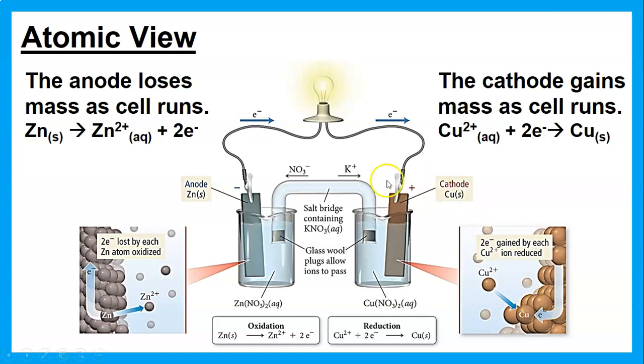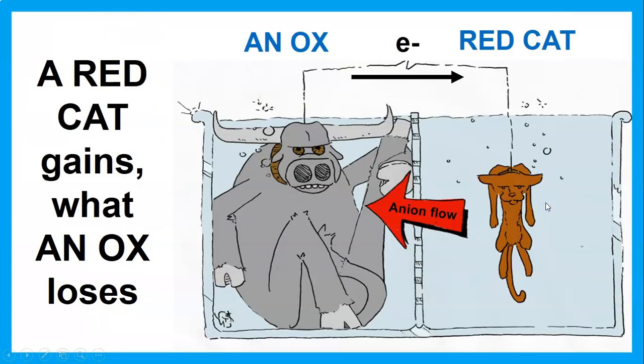One of the ways to remember which is losing mass and which is gaining mass is this really silly picture. I just love this. Look at this silly thing. An ox, right? That's our anode. And our red cat, that's our cathode. Oxidation is happening here. We are losing electrons.